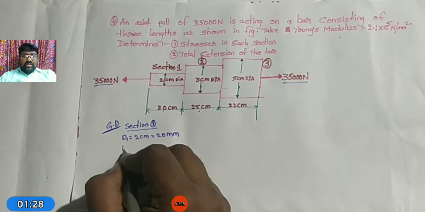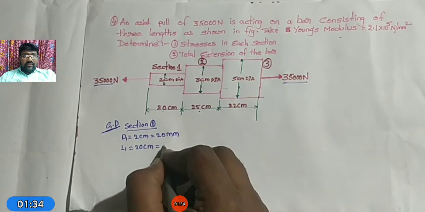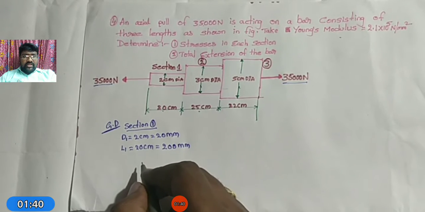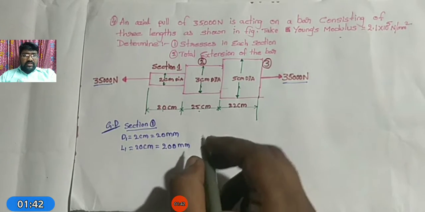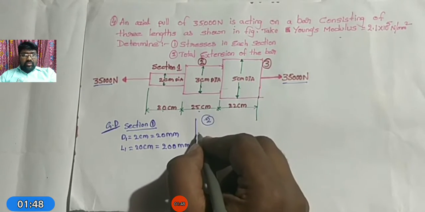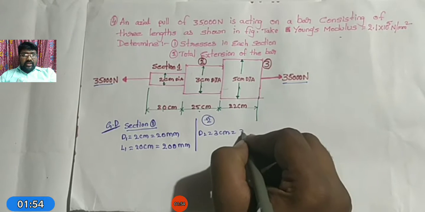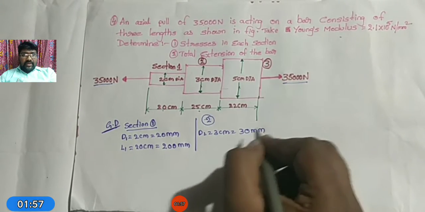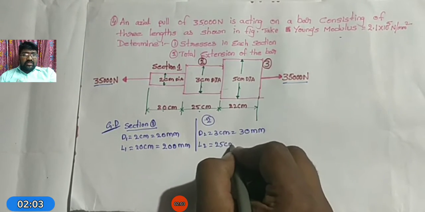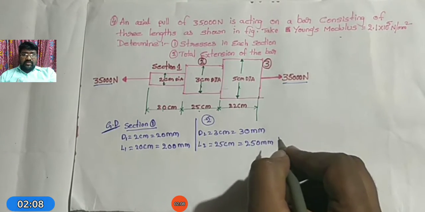Note down, the diameter is 2 centimeters, that is 20 mm, and the length of this section is 20 centimeters, that is 200 millimeters. Next, for section 2, the diameter is 3 centimeters, converted into millimeters that is 30 millimeters, and the length is 25 centimeters, converted into millimeters 250 millimeters.